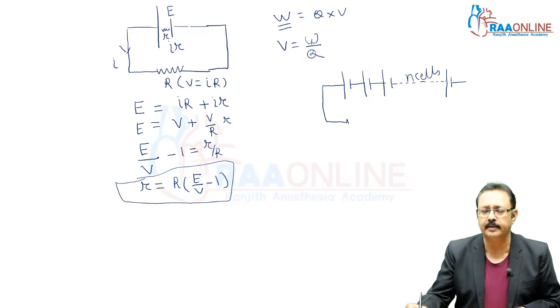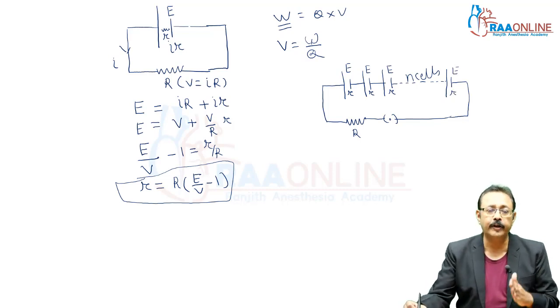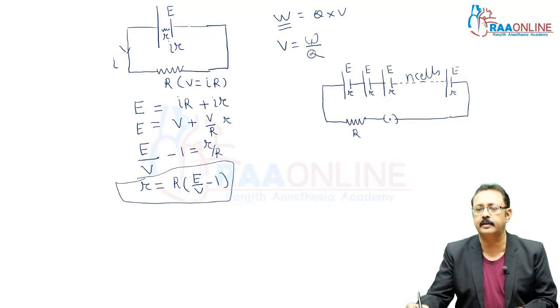This is my external resistance. I want current in it, and this is the key for switching on and off. The internal resistance of each cell is small r, and the EMF of each is E. What current will I get in the external circuit?